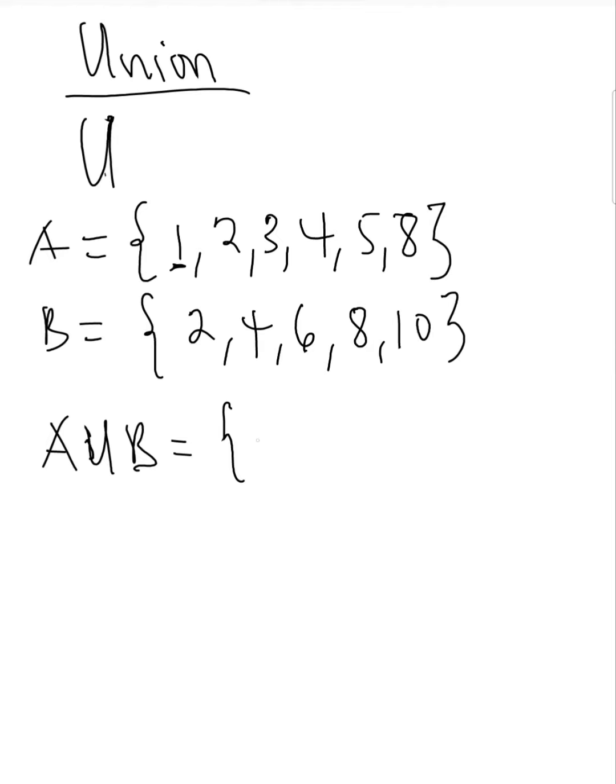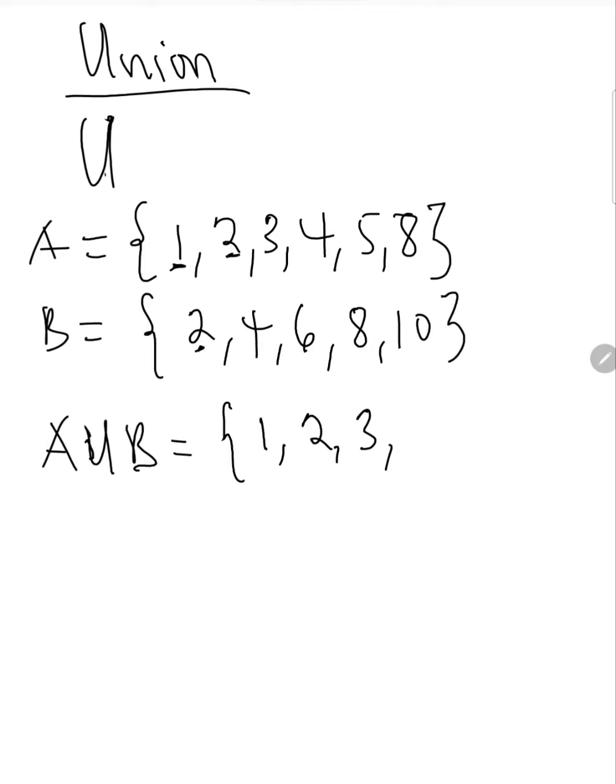So the first element in A is what? 1. Now let's look at the second element in A, which is 2. Now we can also see that the first element in B is 2, right? So instead of writing 2, 2, it's wrong. Because 2 is appearing twice, we will just write what? Only 2. The third element in A becomes what? 3.